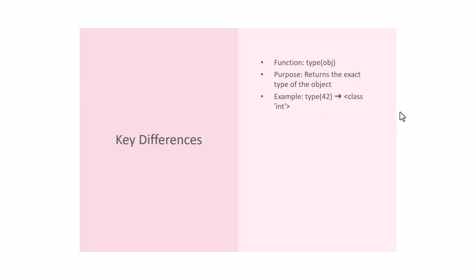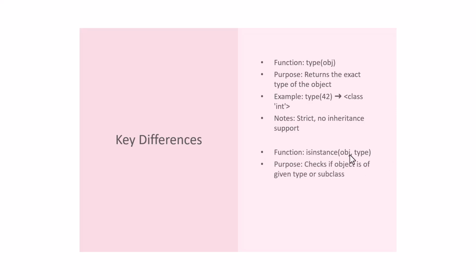So type of 42 tells you this is integer, and it's strict, with no inheritance support. But the isinstance function has inheritance support. It takes two parameters, object and type, and checks if the object is of the given type or a subclass or not. For example, if you check isinstance(42, int), it returns true, and it supports inheritance, preferred for checks. Okay, so we can check this also quickly.